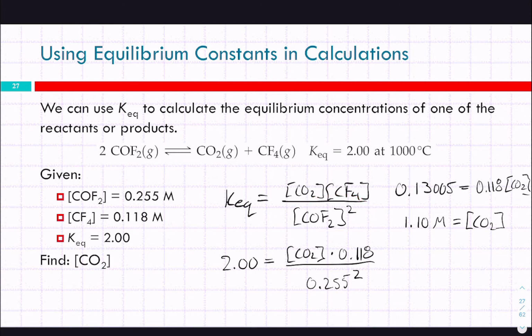COF2 here is our reactant, so it goes on the bottom. And then we raise the concentration of anything to its exponent. There's a 2 COF2 here, so we square the concentration of COF2. Then we can plug in all of the numbers that we were given and solve for the concentration of carbon dioxide.